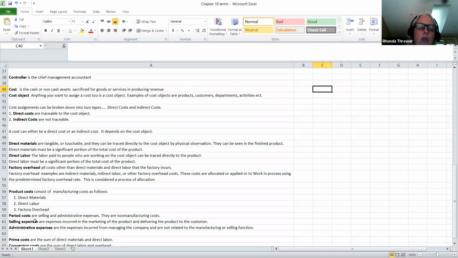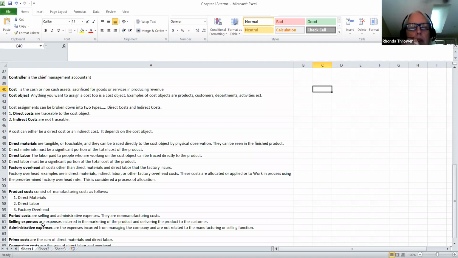And period costs are just your selling and your administrative expenses. They're your operating expenses for your company. They are considered to be non-manufacturing costs. Your selling expenses, you might remember from ACC 120, are expenses that are incurred in the marketing or the selling of the product and delivering that product to the customer.